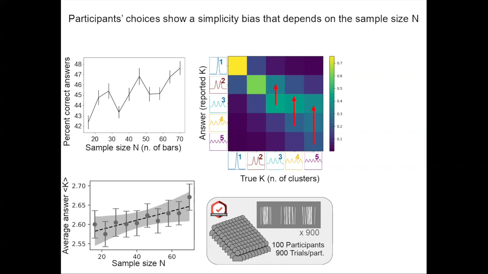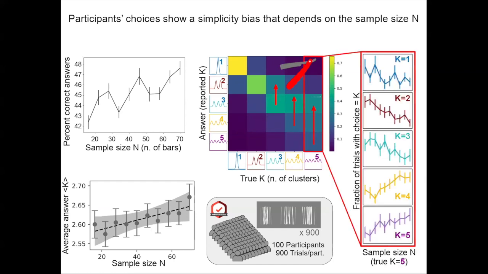But the other thing is that there is a pattern to the errors where people tend to err more towards reporting a number of clusters which is lower than the radical one. So there is this push towards reporting lower dimensional models. And again, this idea is supposed to be the razor here.